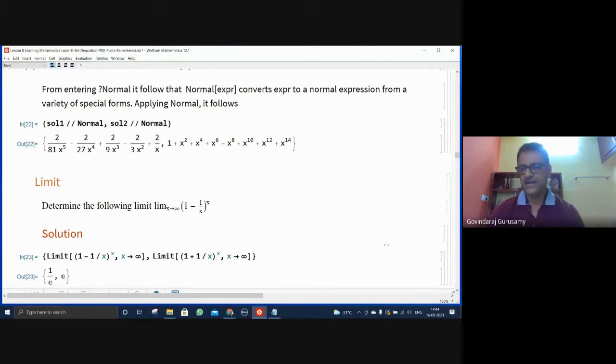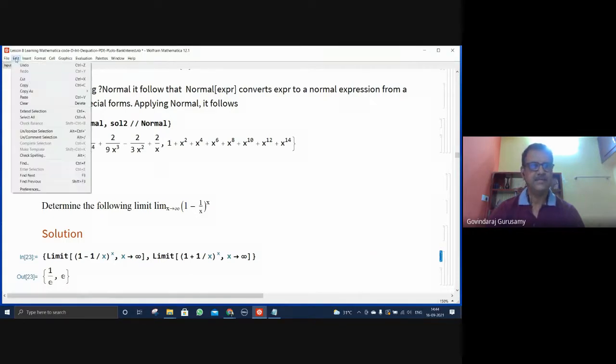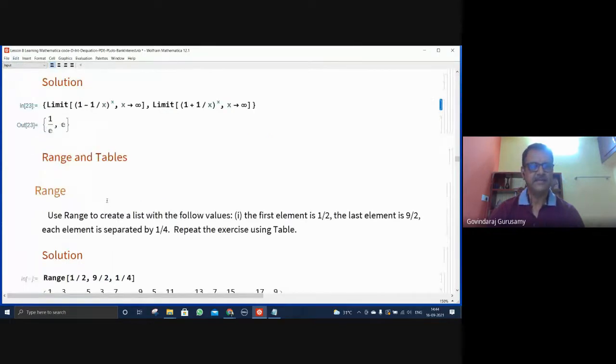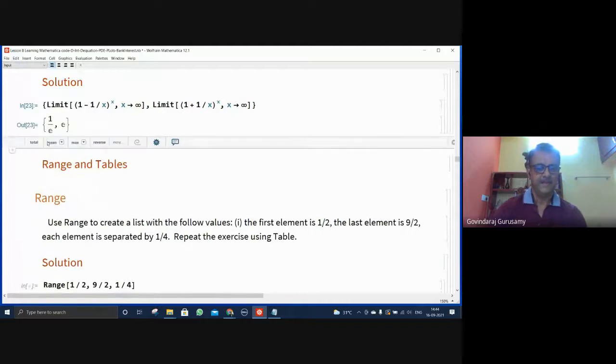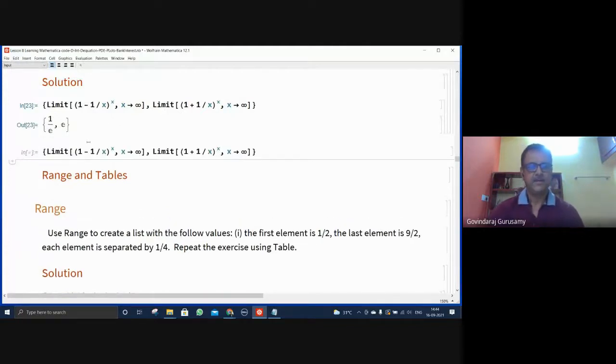In fact, there is another way to get this with the limits of e. See what's going to happen now. I'll take this one, put it over here, and x we'll make 1 by x here. You see what is the difference I'm going to make?